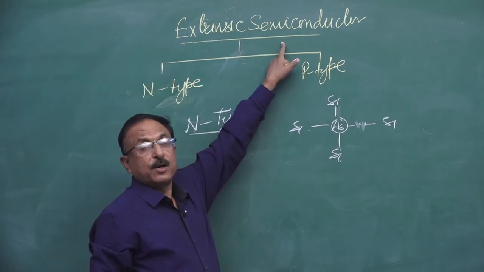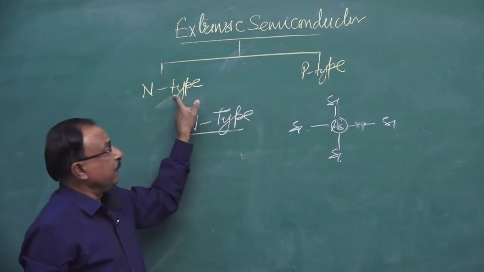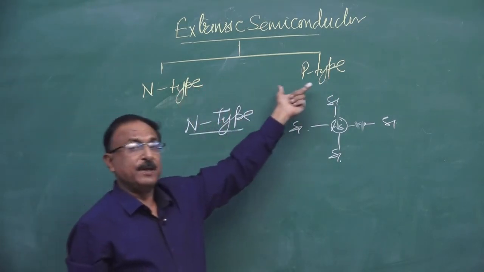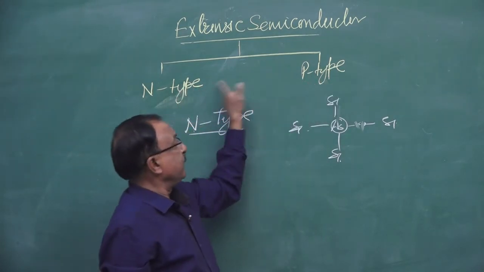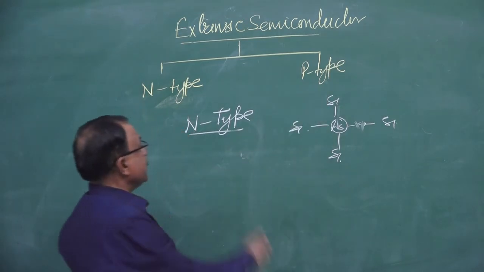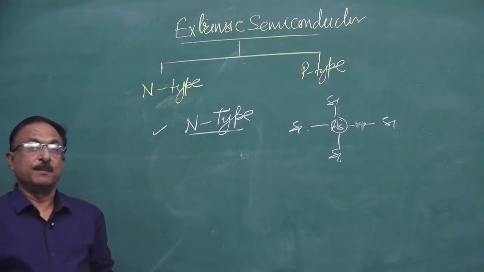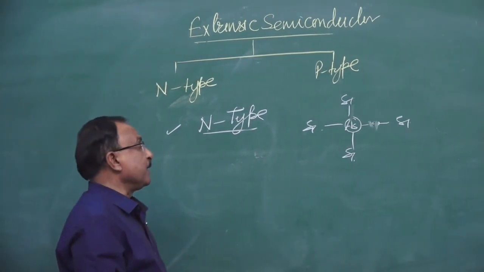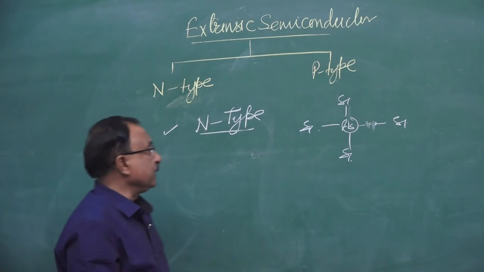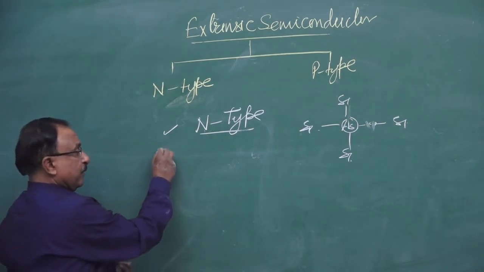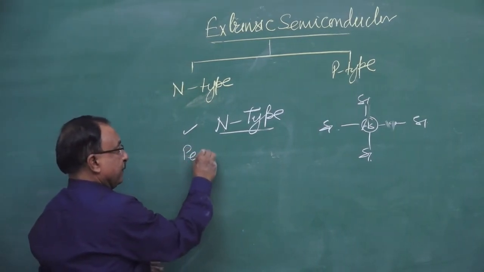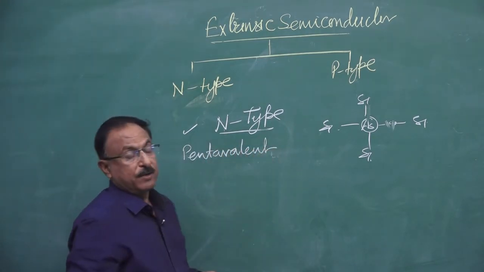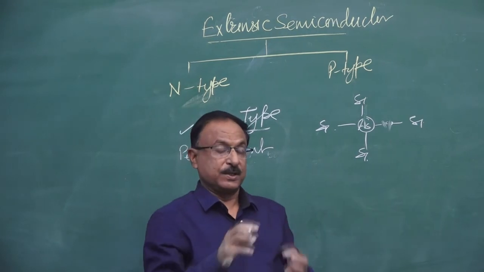Extrinsic semiconductors are of two types, N-type and P-type. N-type we call negative type and P-type we call positive type. Let's first talk about the N-type semiconductor. What is an N-type semiconductor? N-type semiconductors are formed by doping atoms from a pentavalent element, from the 15th group, into the crystal.